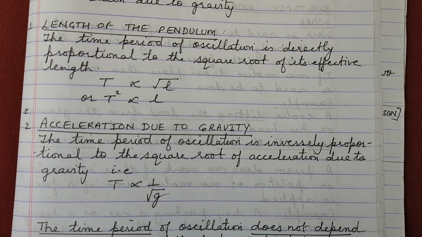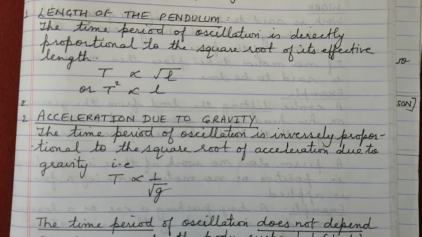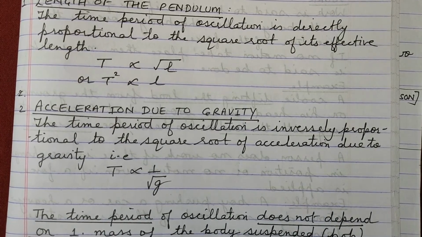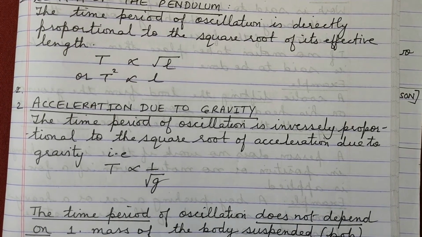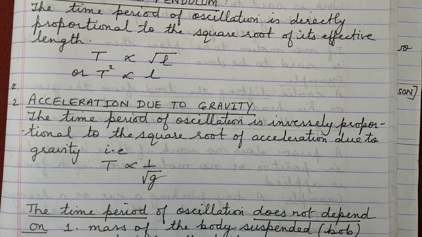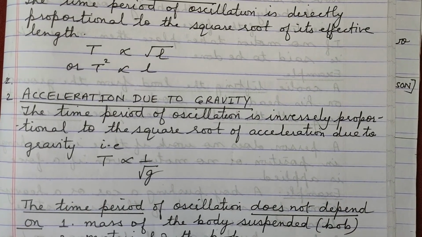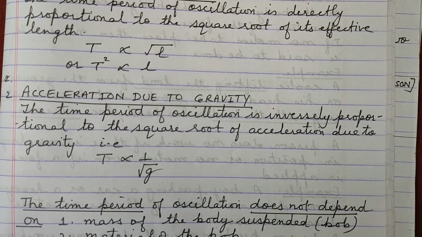The second factor, acceleration due to gravity, you will explain as the time period of oscillation is inversely proportional to the square root of acceleration due to gravity, which is represented as T is proportional to 1 upon square root of g.